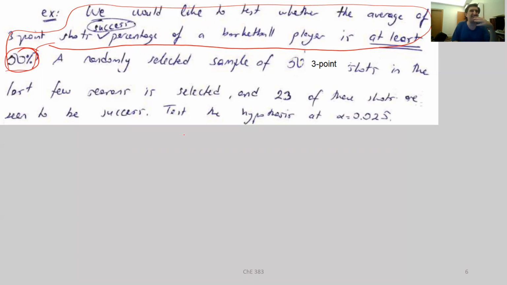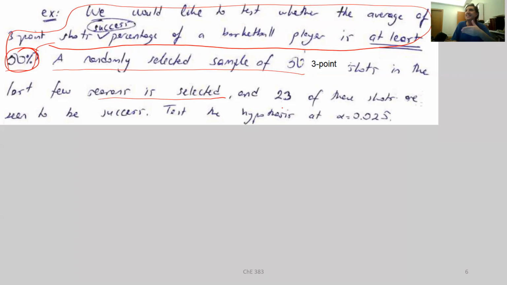Now, the testing part is also not very rigorous, but we can make it closer to a more realistic case. A randomly selected sample of 50 3-point shots in the last few seasons is selected. Well, actually, if you know all these shots, then you are going to find the population mean value. You don't need to sample them.